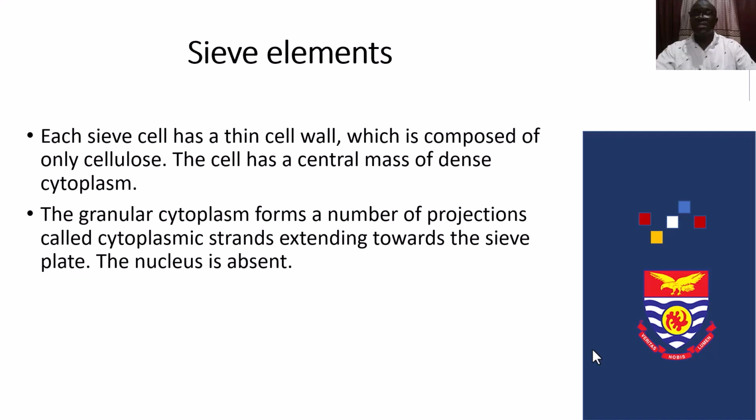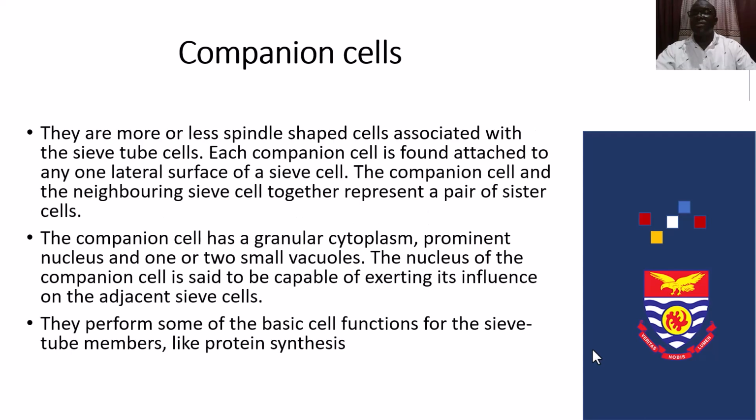The cell has a central mass of dense cytoplasm. The granular cytoplasm forms a number of projections called cytoplasmic strands extending towards the sieve plate. The nucleus is absent.